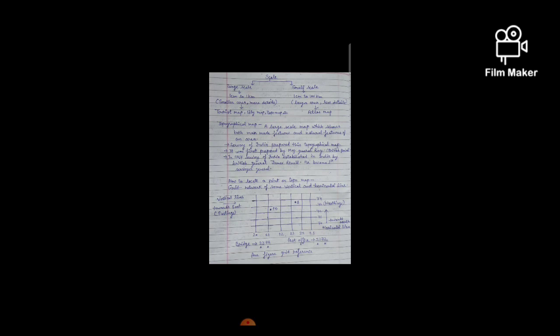Same way for horizontal lines I have given the number 70, 71, 72, 73 and 74. So I have made some grids here, and after that I have located a point B.